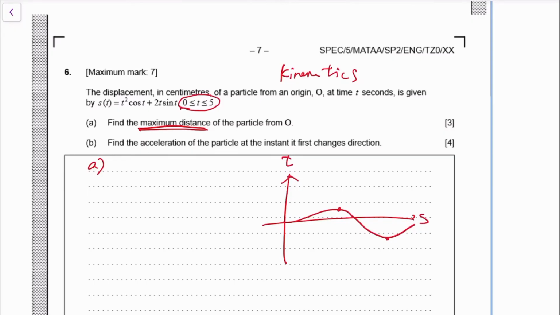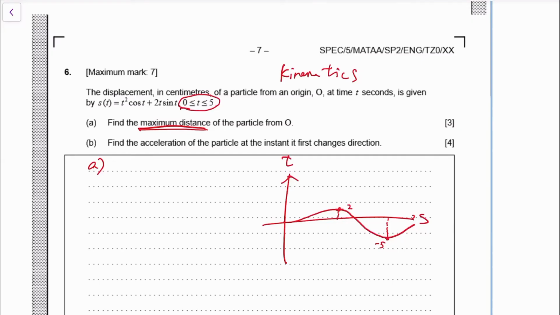Okay? The reason being this is displacement. Distance is the magnitude of displacement. So what it meant is here maybe the displacement is 2 and maybe that's a maximum point. Let's say it's 2. It's not 2. We need to find it, but let's say it's 2. But the minimum here is maybe minus 5.